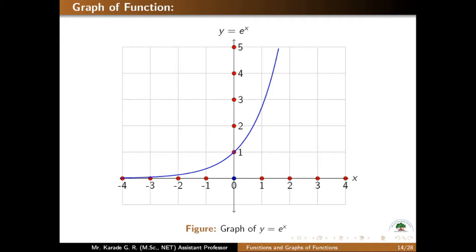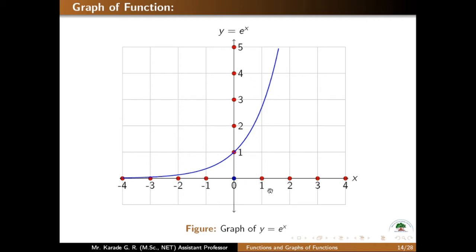So the limiting position of that function when x tends to infinity is infinity. And when x becomes smaller and smaller, the values of the function approach the line y equal to 0.